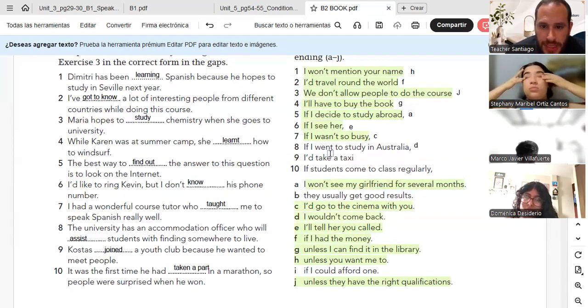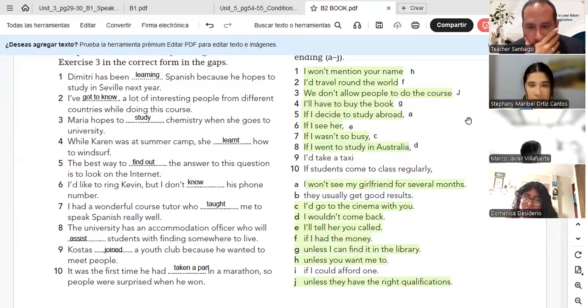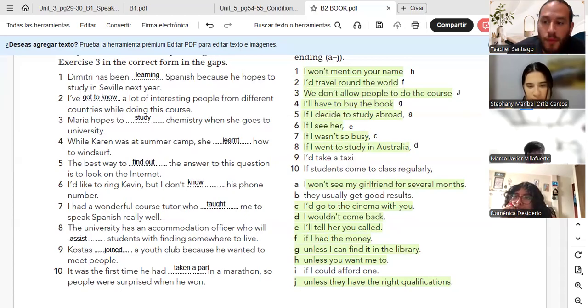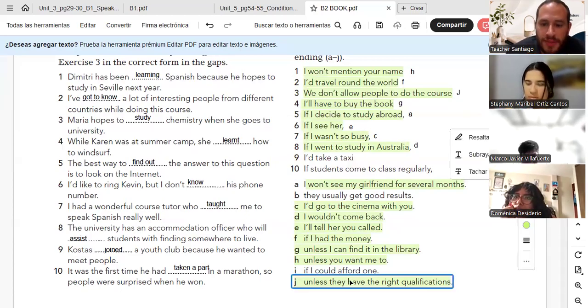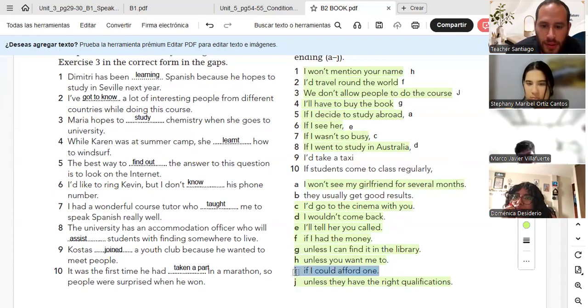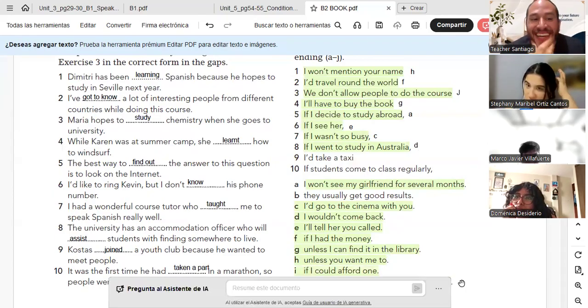We almost finished. Stephanie, number 9. I take a taxi. Letter I, if I could afford one. Okay, what is the meaning of afford? It's related to money.